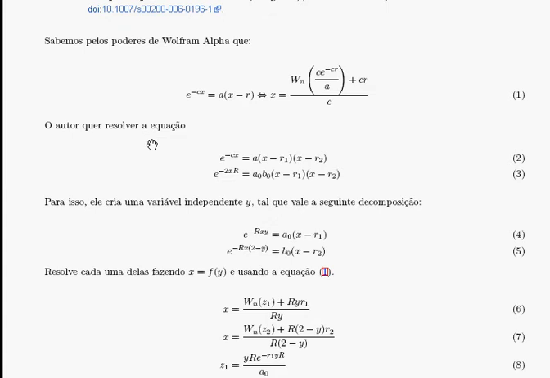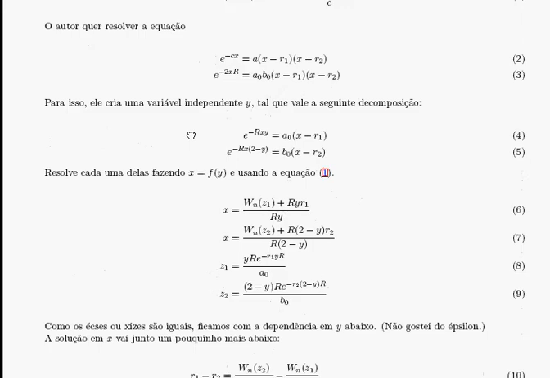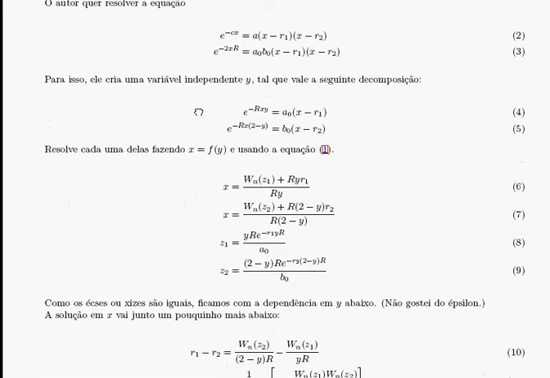Now the author wants to solve the equation of degree 2. He creates an independent variable y for such a decomposition. Exponential of minus r1 x, y equals a0 (x minus r1), and exponential of minus r2 x, minus y equals b0 (x minus r2).